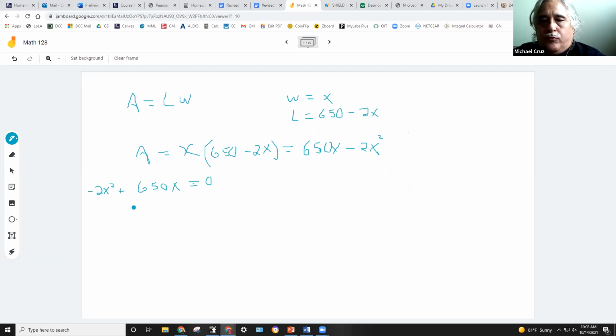There's no constant term, so we can just solve it by factoring. I'm going to take out a negative 2x, and then that's going to leave us with x minus 325.